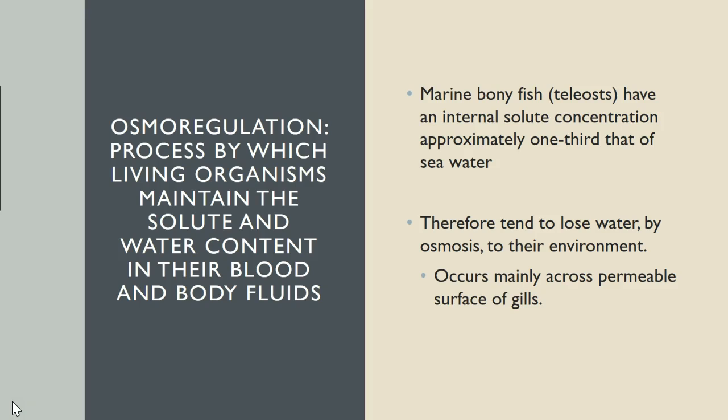And when the kidneys are processing the salts, the kidney hangs on to that extra water, so it continues to hydrate them, and they get rid of that concentrated salt solution.